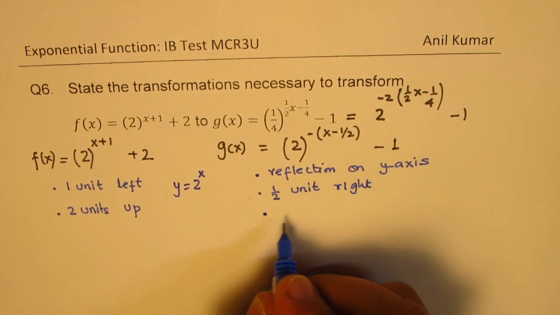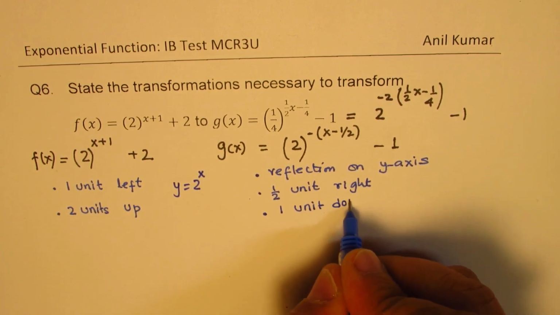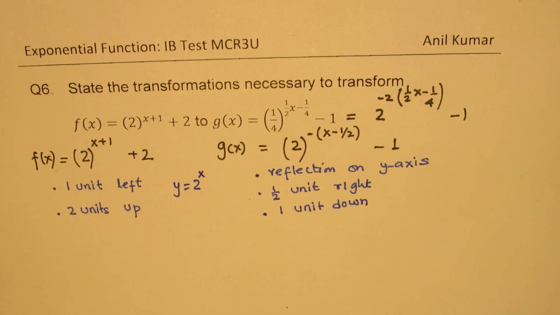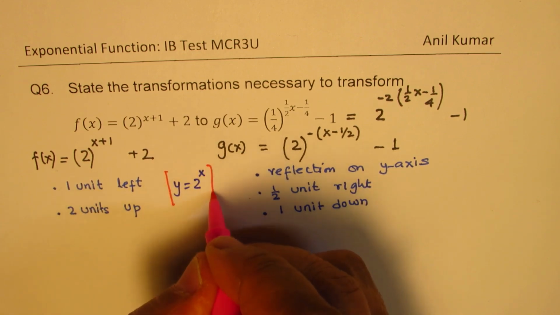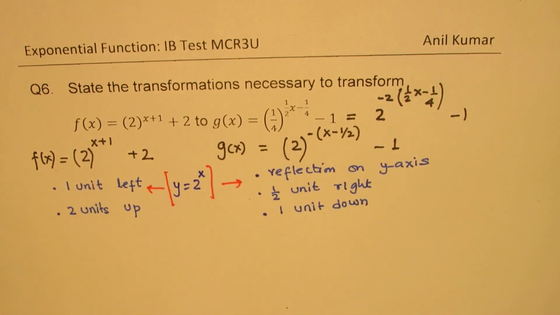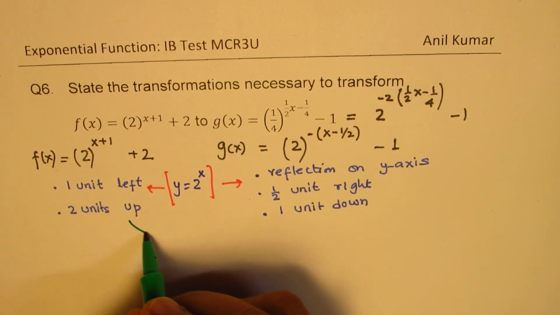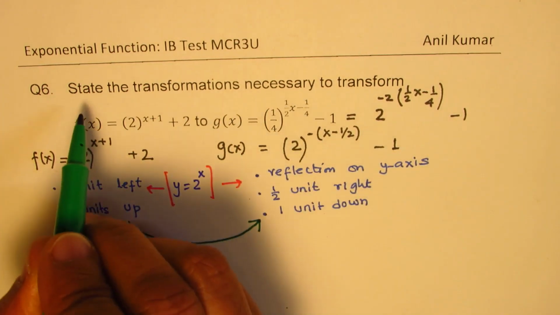And this means 1 unit down. So this is when we are considering from the base function, correct? These two sides. But now the idea is to write the transformation from here to there. That is what the question is.